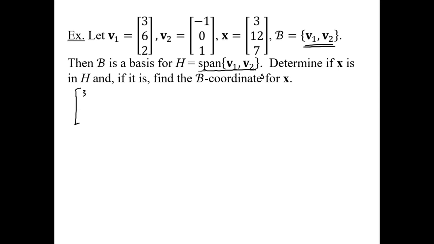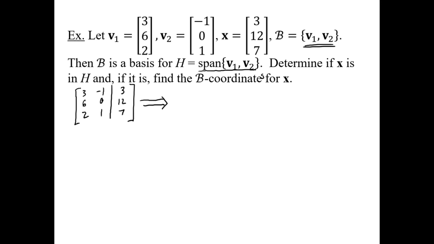Here's V1, here's V2, and here's X. And let's solve this equation. Remember, we're not guaranteed that there is a solution. It is possible that this is an inconsistent system, which means X is not in the span. That's okay. But we have to check.